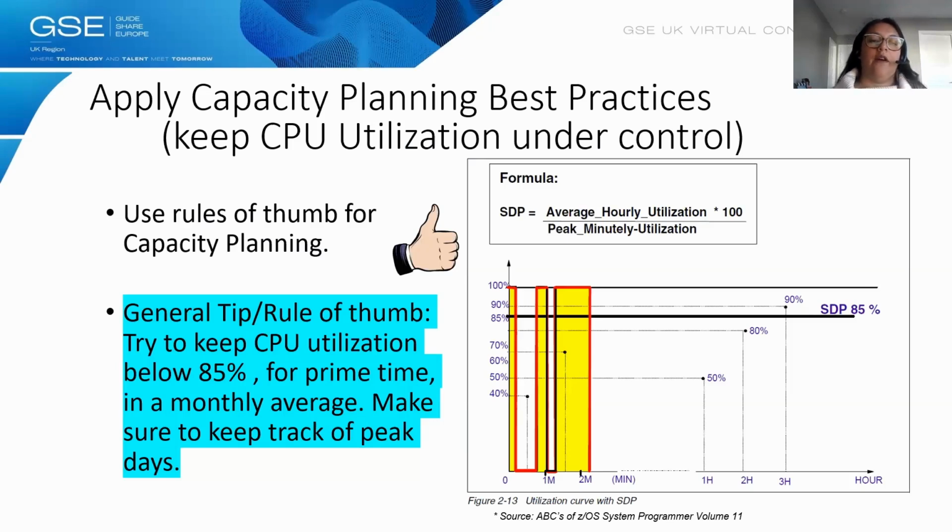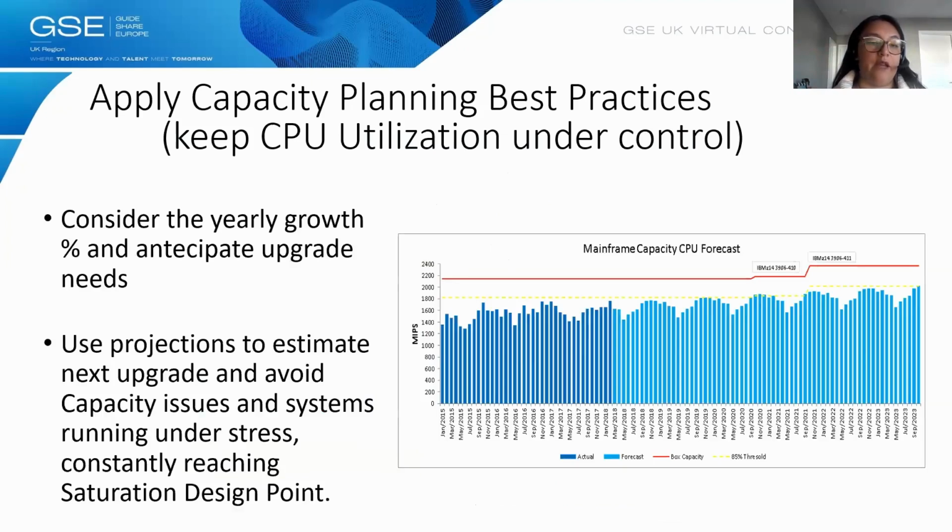Because you have batch month end and higher transactions. Take a bank, for example: there's payday at the beginning of the month, etc. So the first days of the month are normally higher for a financial institution. So keep track of the peaks, but a general rule of thumb is to try to keep the utilization below 85% in a monthly average, right?